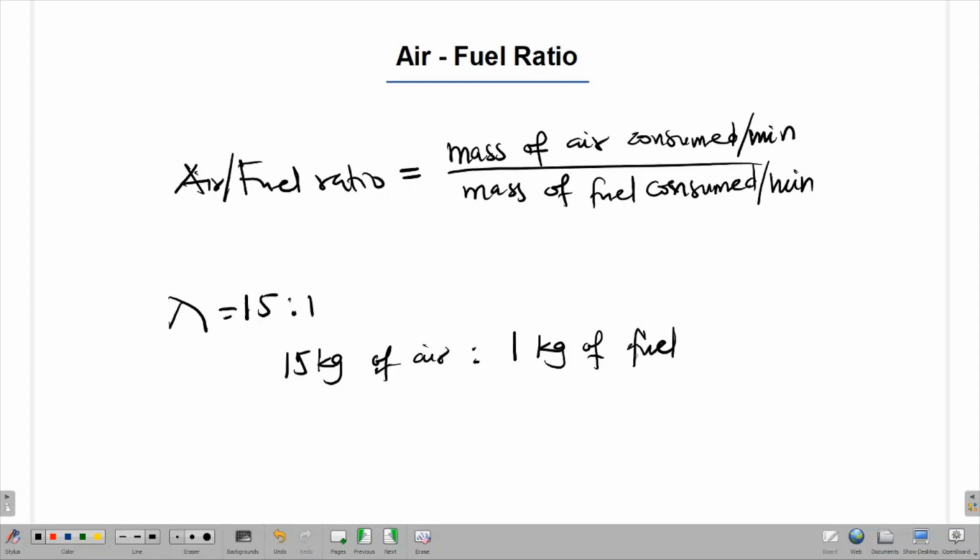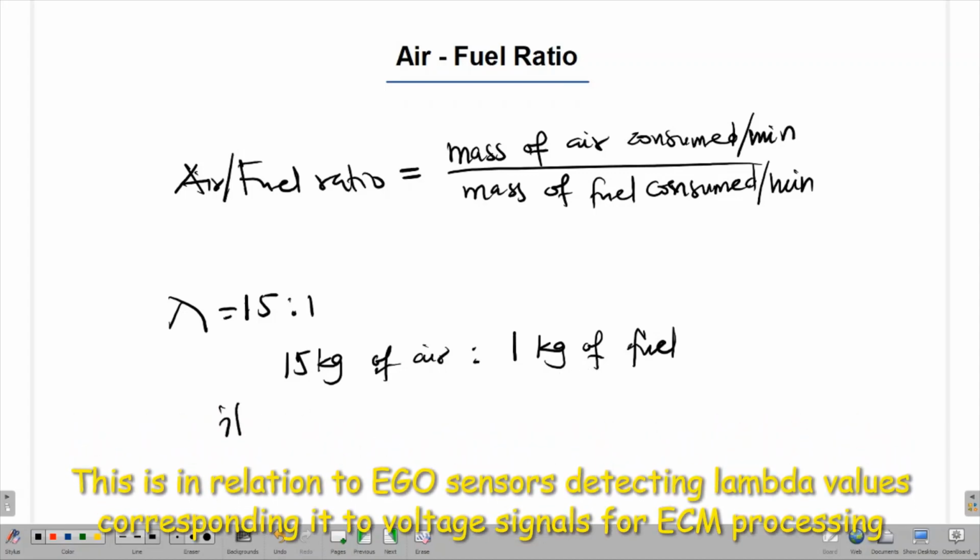If more than this quantity of air is supplied, the mixture is said to be weak. So if we have lambda greater than 1, then we say we have what we call a weak mixture.